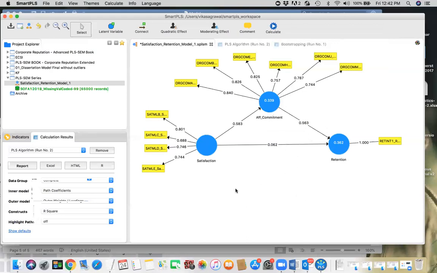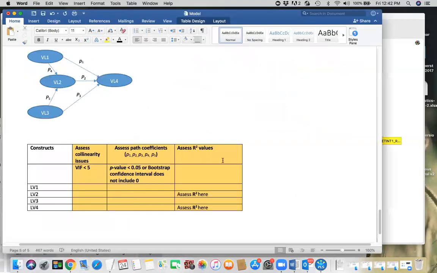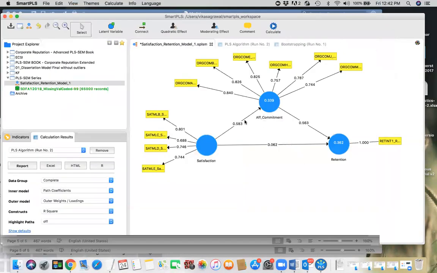Okay, so we have established both the measurement model and the structural model, and we have moderately good R square values and significant coefficients, and we can conclude that we are satisfying all the hypotheses here. That's something you have to write down.